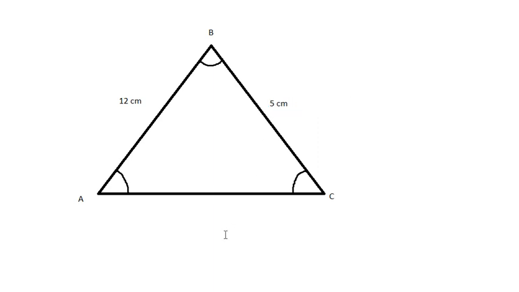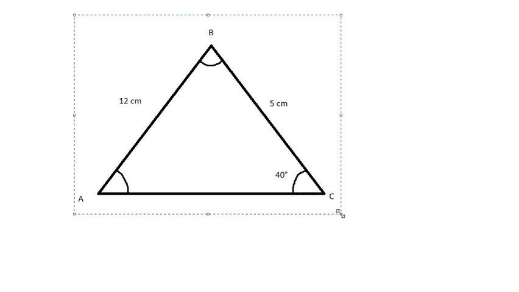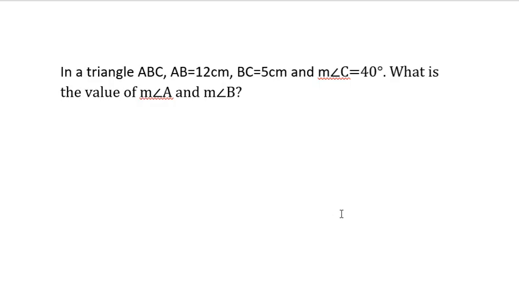The problem also tells us that angle C will measure 40 degrees. And the problem wants us to find what the measurements of angle A and angle B are. Okay, so let's copy this diagram we have here and let's work on it.